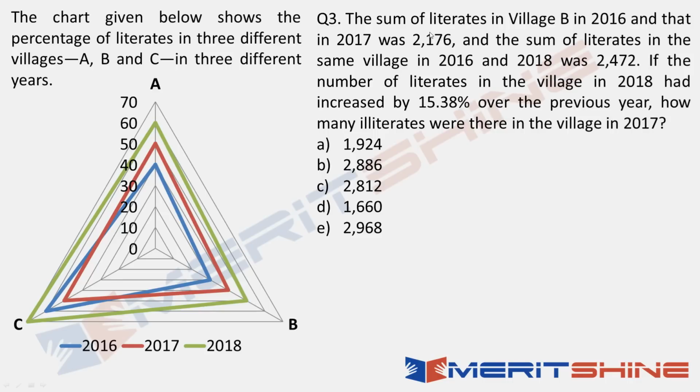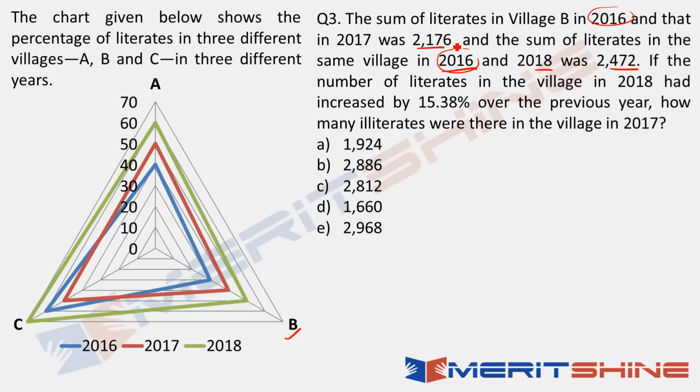Now what is given here? It says the sum of literates in village B, so we are talking about B now, in 16 and 17, the sum is 2176. And the sum of literates in the same village in 16 and 18 was 2472. So you can see here that this 16 is the common part.